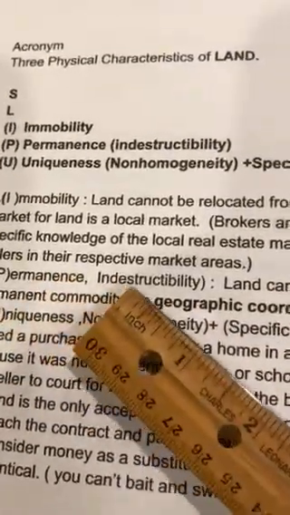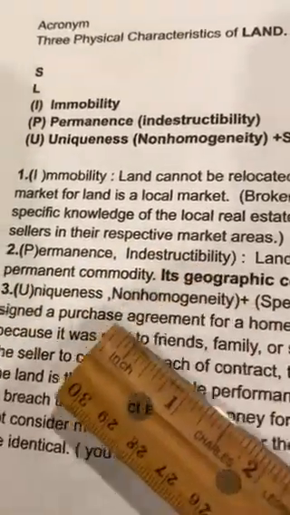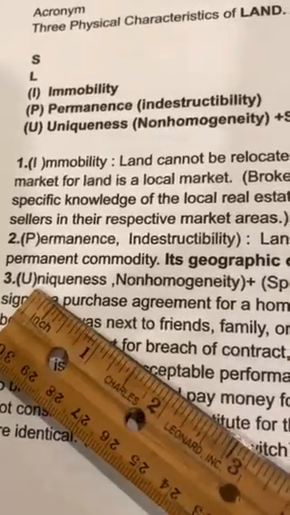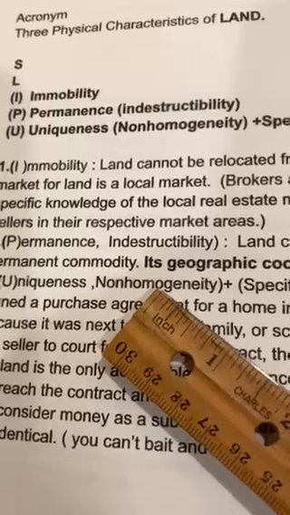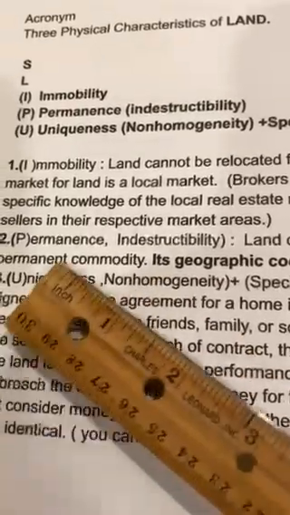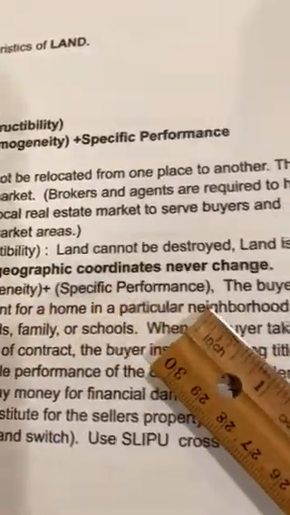Permanence of land and indestructibility, the physical characteristics. And the last one, uniqueness, a physical characteristic, and you associate that with non-homogeneity. You connect them together and remember them together, plus specific performance.